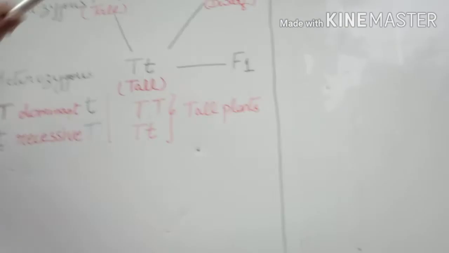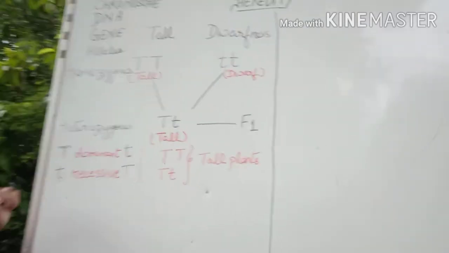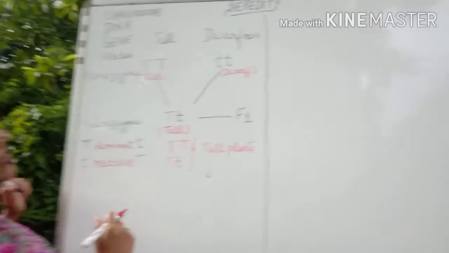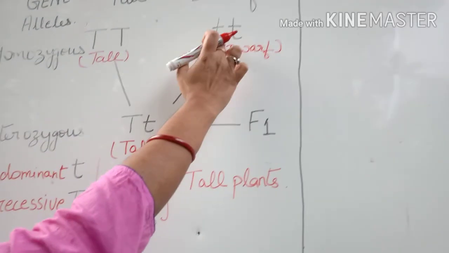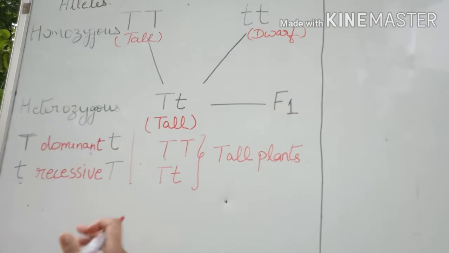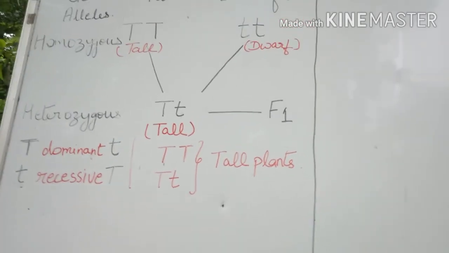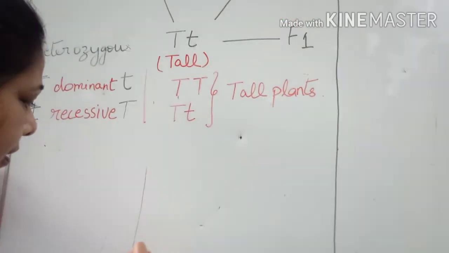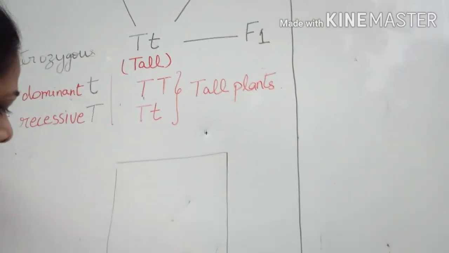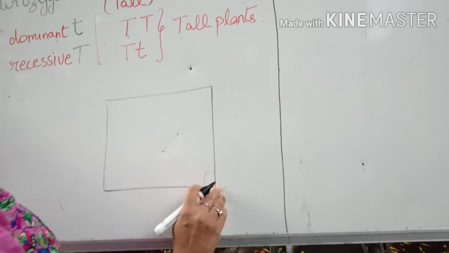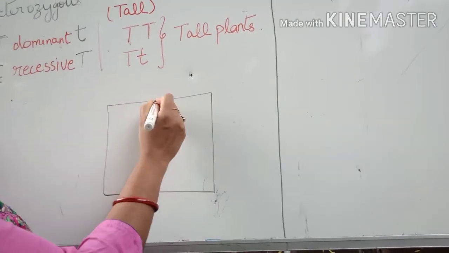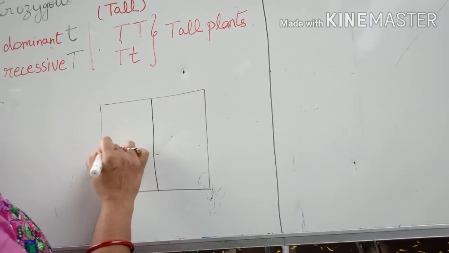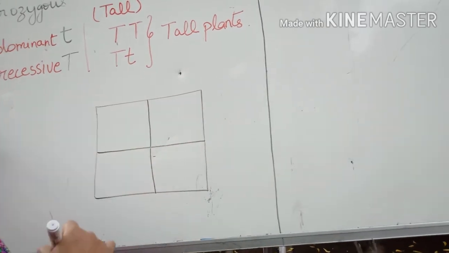That means how will the dwarfness be expressed? From seeing here you can see that when both the t are small, then only dwarfness is expressed. This you can see from such a kind of board also. You can see how we can denote this in the form of a box or a checker board.